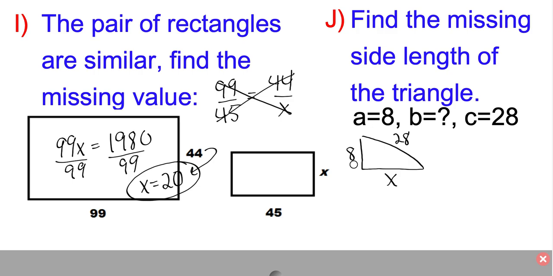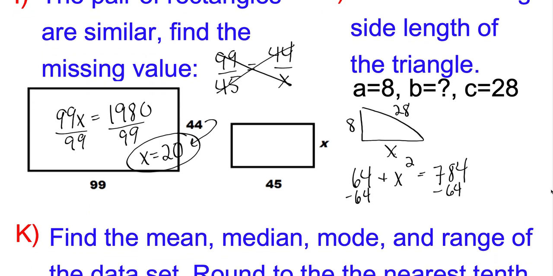Okay? So it's going to be 8 squared, 64, plus x squared equals 28 squared, which is 784. All right. Now we've got a couple steps to do to solve this. So move the 64 over. All right, let's get that out of the way.